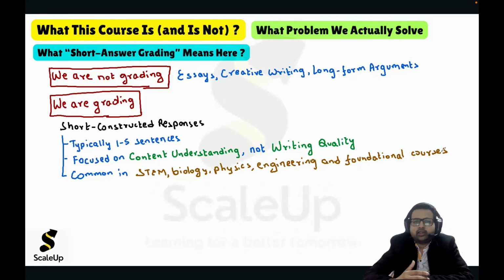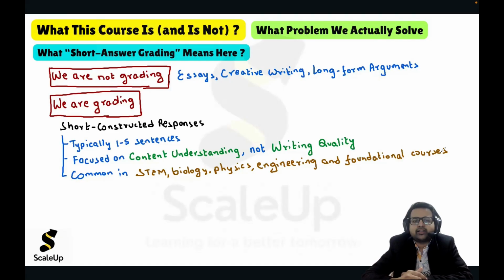So basically, in this course, the AI-powered grading system we will be making will be good at grading short constructed responses. The responses would typically be 1 to 5 sentences long, and the focus will be on content understanding and not writing quality.